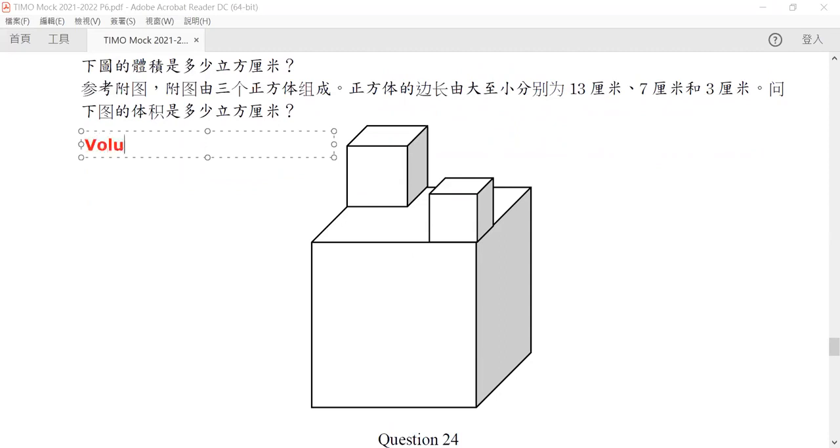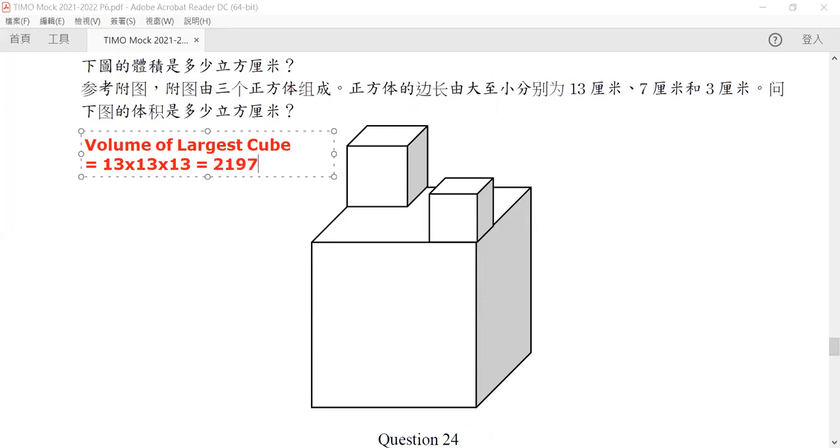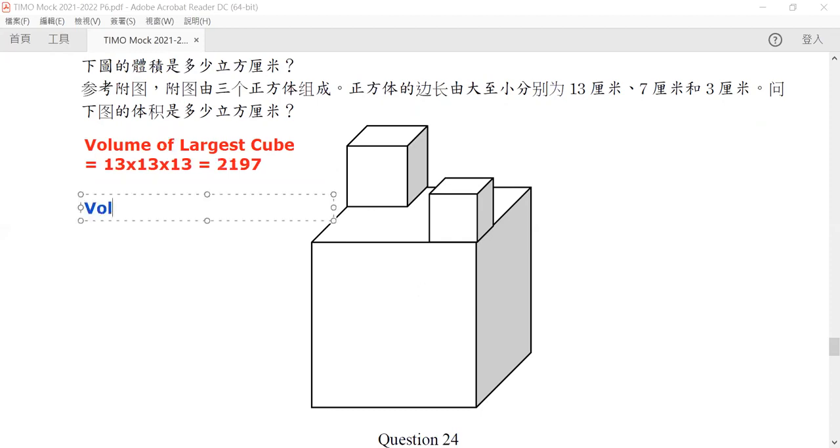So the volume of the largest cube is exactly equal to 13 times 13 times 13. If we multiply them together, it would be equal to 2197. The volume of the middle cube is exactly equal to 7 times 7 times 7, so our answer will be 343.